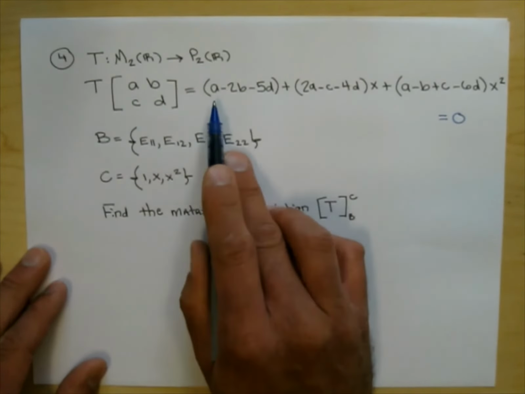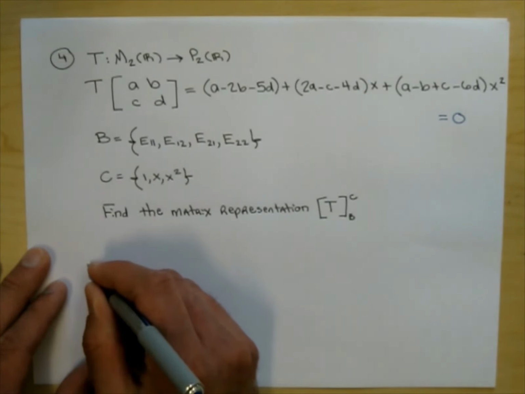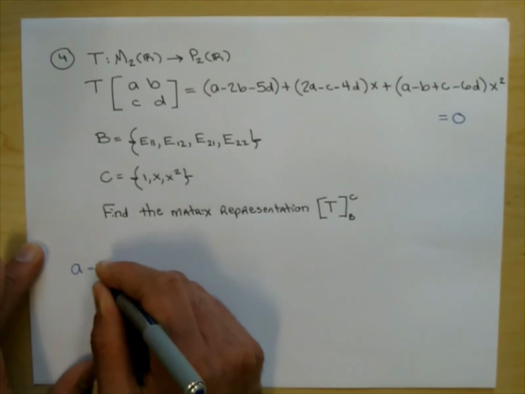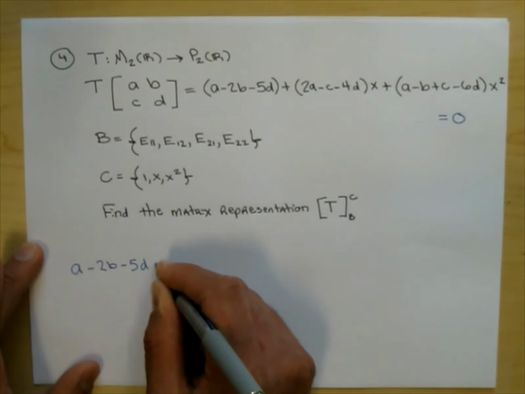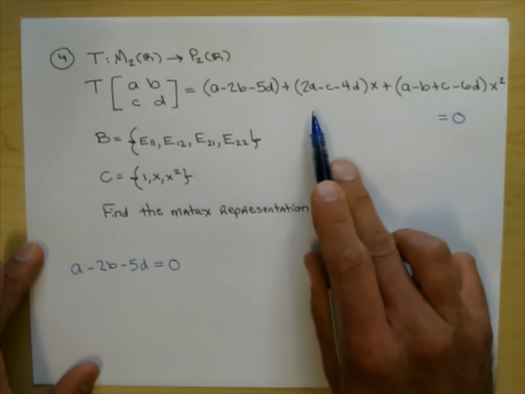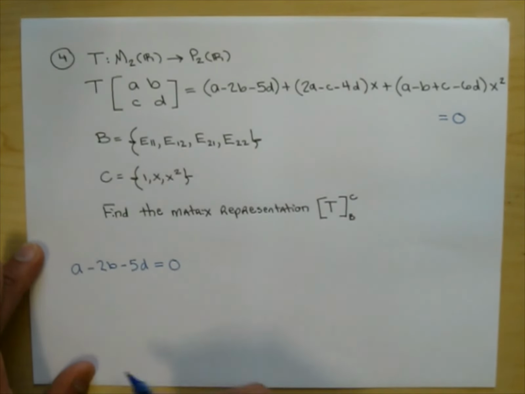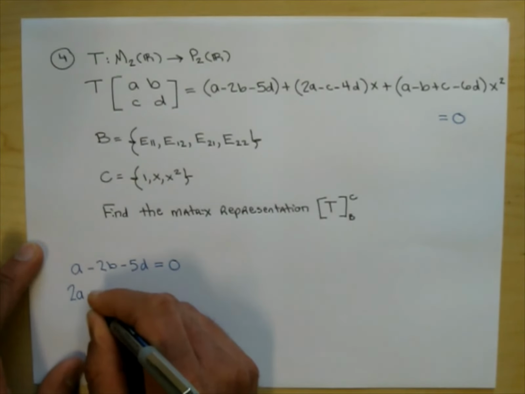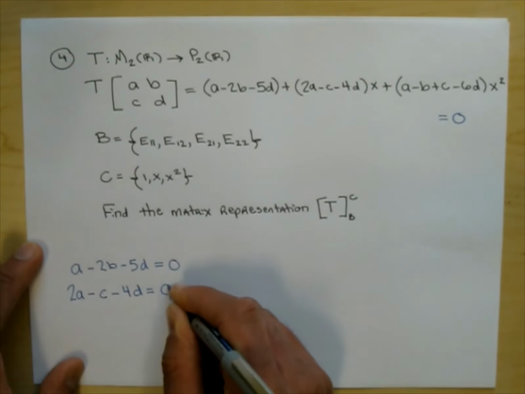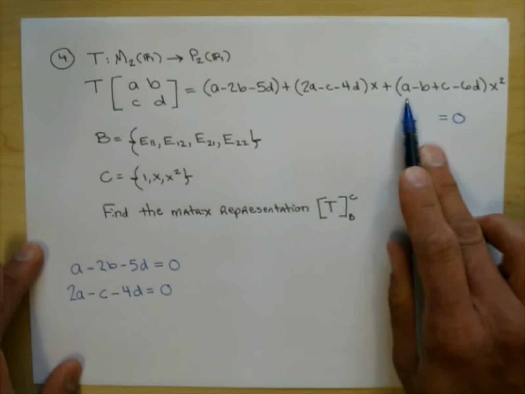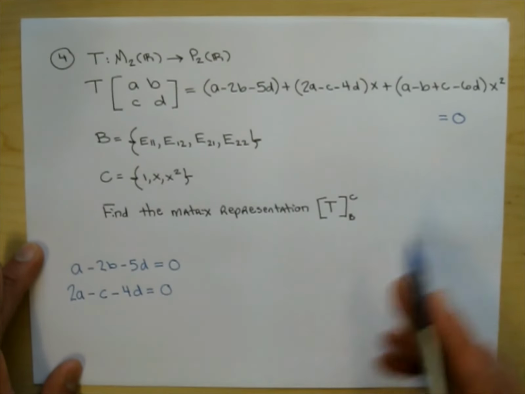So what does that say? It says that A minus 2B minus 5D must equal 0. It also says that 2A minus C minus 4D has to equal 0 as well. And then also, A minus B plus C minus 6D, that's in front of the x squared, has to equal 0.